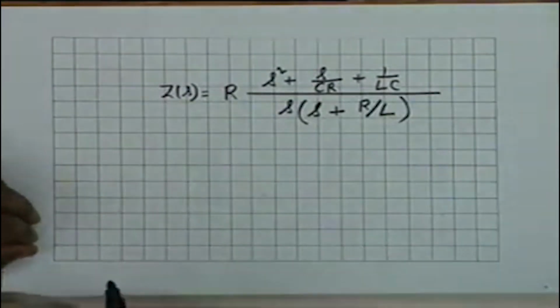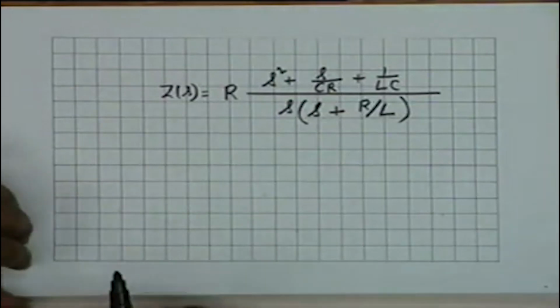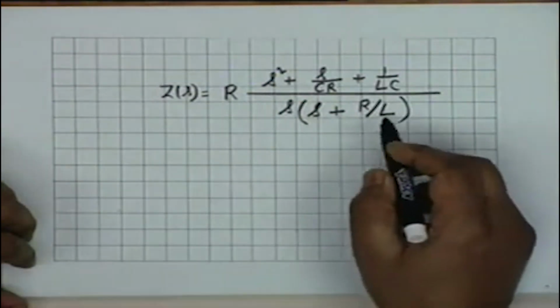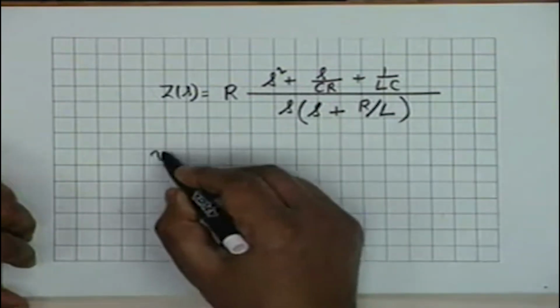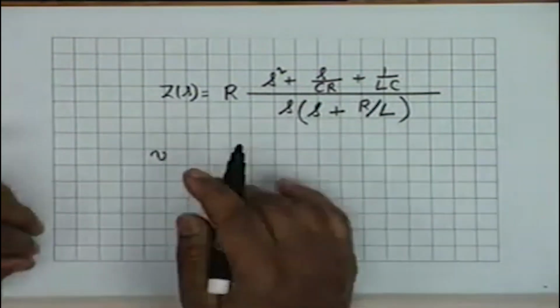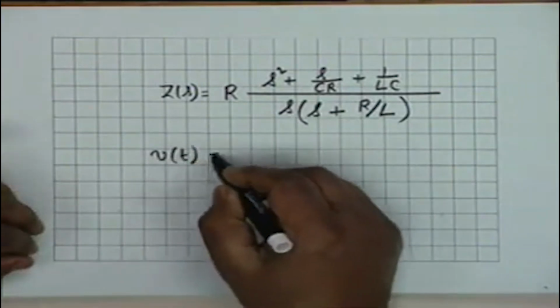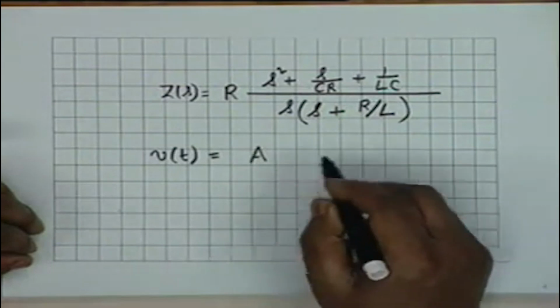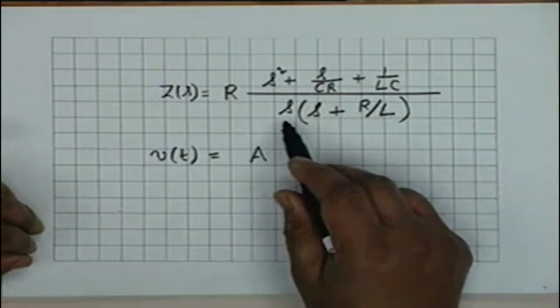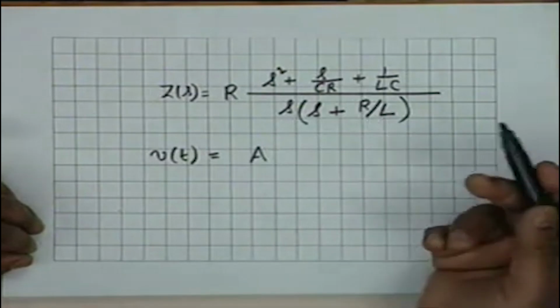Now we are trying to find the natural voltage response, and therefore our natural frequencies are the poles. So, without doing any more manipulation, I know that v of t shall be of the form A e to the power, where are the poles? One at the origin and the other at minus R by L.